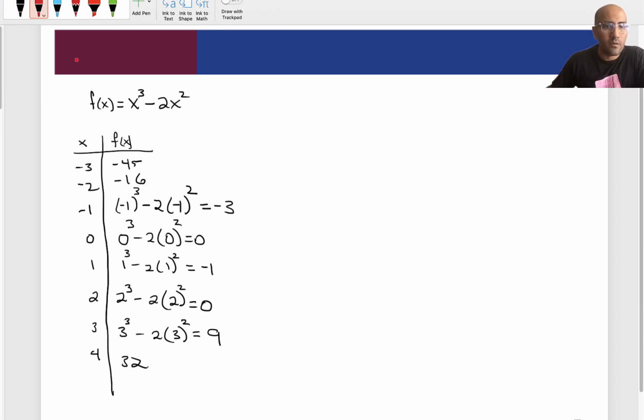All I care about is the outputs. So here are the ordered pairs that are produced. Here we get the ordered pair negative 3 comma negative 45. Here we get negative 2 comma negative 16. From here we get the ordered pair negative 1 comma negative 3.